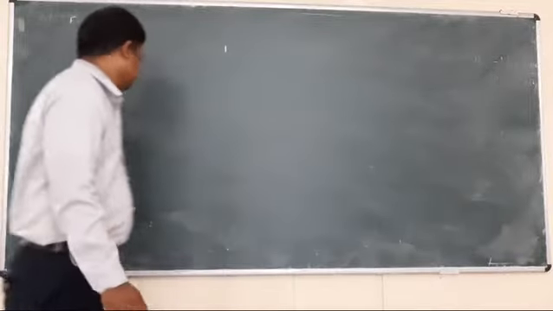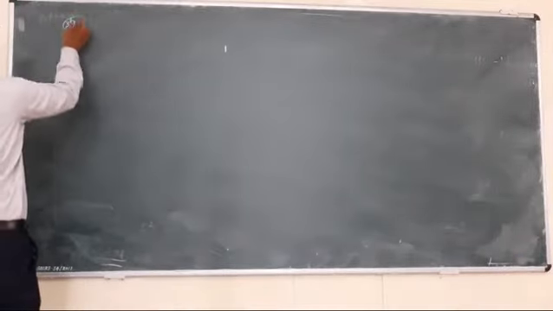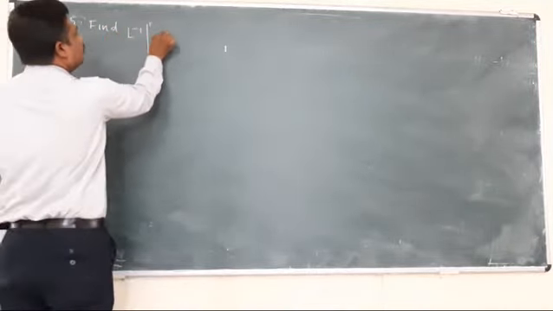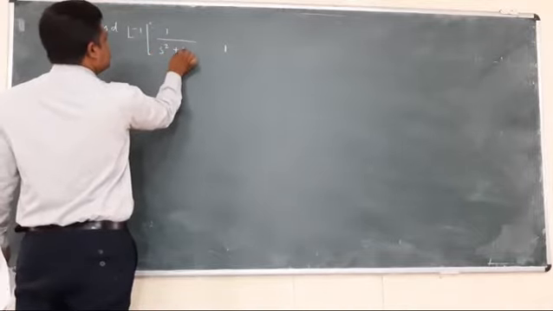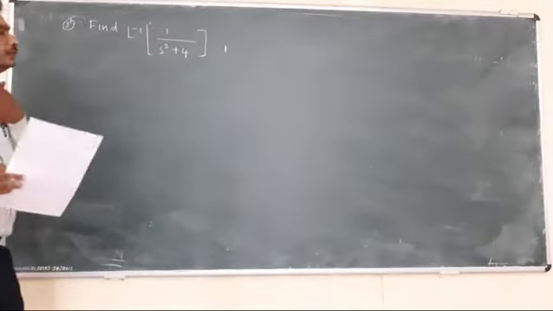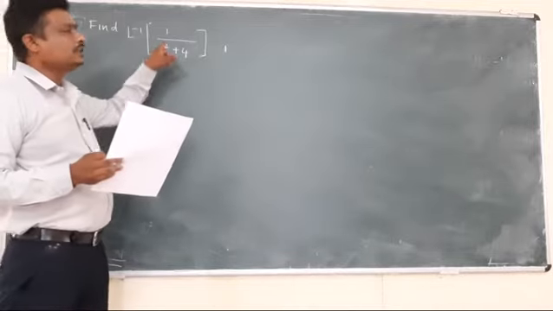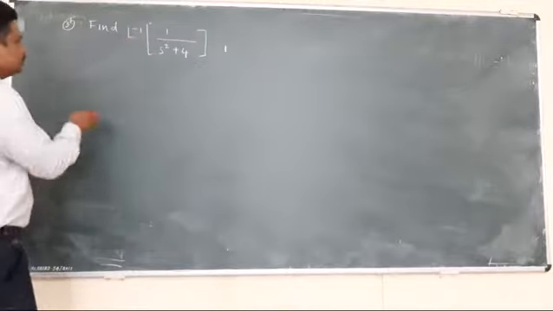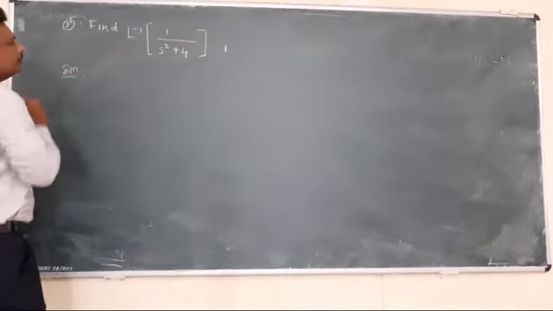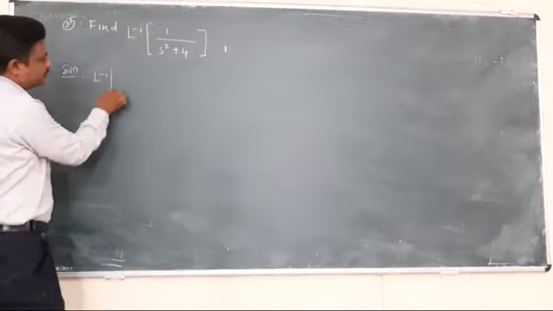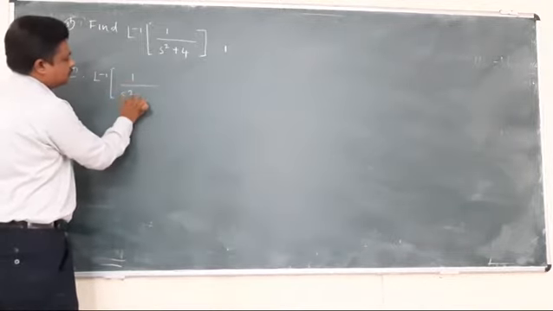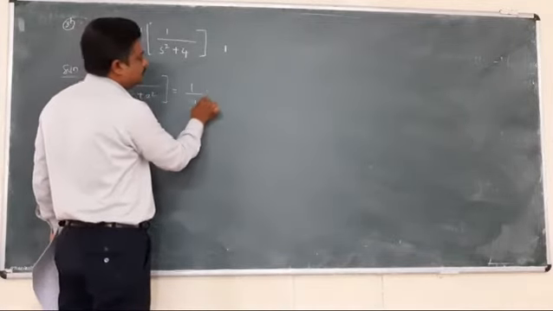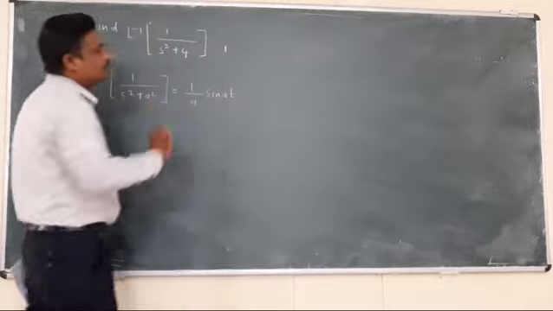So next, we will take one more example. Find L inverse of 1 upon S square plus 4. So here, it is in the form of 1 upon S square plus A square, that is 2 square. We know that L inverse of 1 upon S square plus A square is equal to 1 upon A into sine of A t.